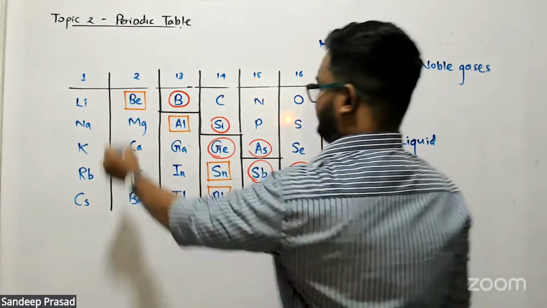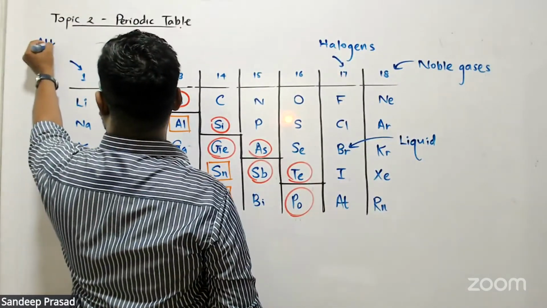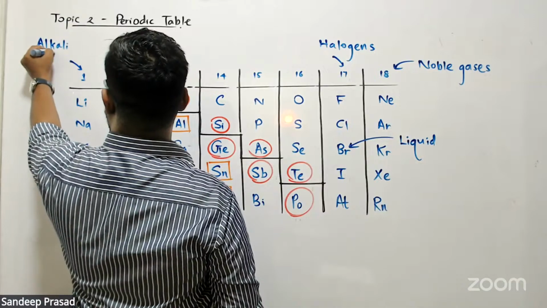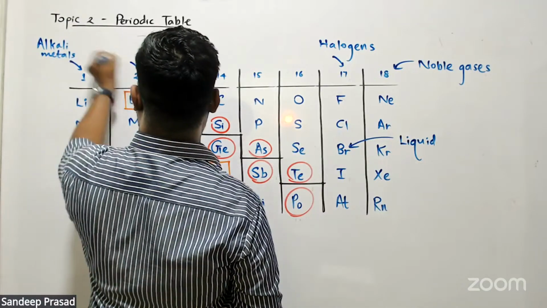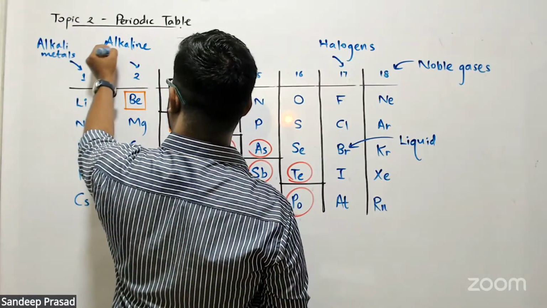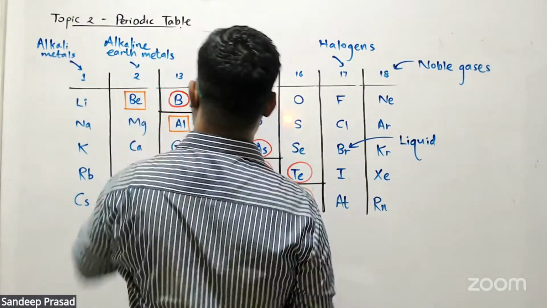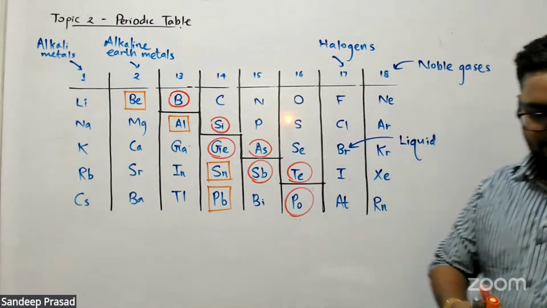Group number 1, alkali metals. Group number 2, alkaline earth metals. Like this. Here's the summary.